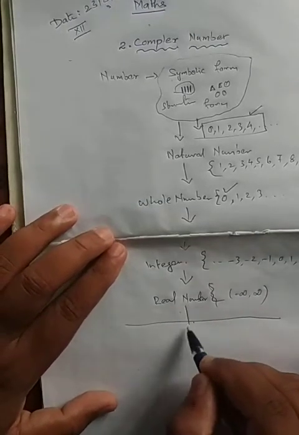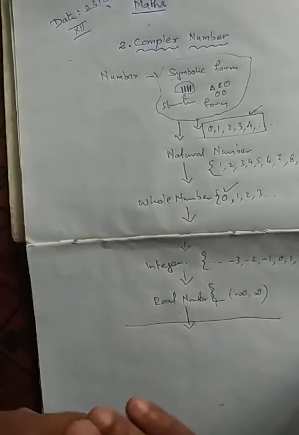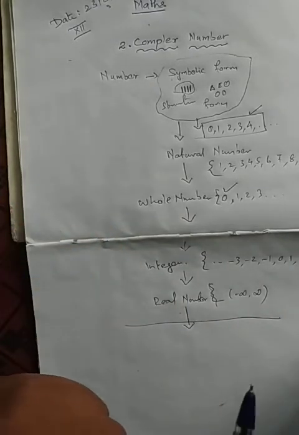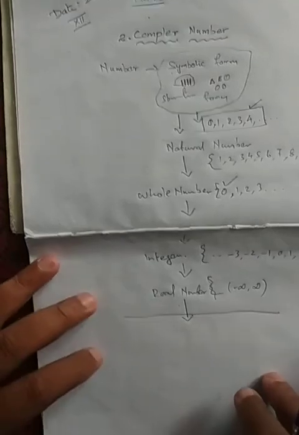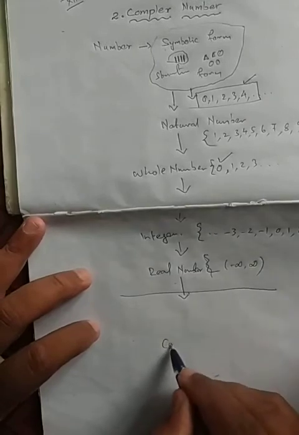After this real number system, there are certain cases where real numbers are not fulfilling our needs, so we need to introduce a new number system that you call a complex number.